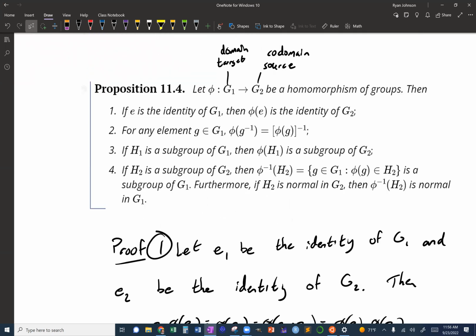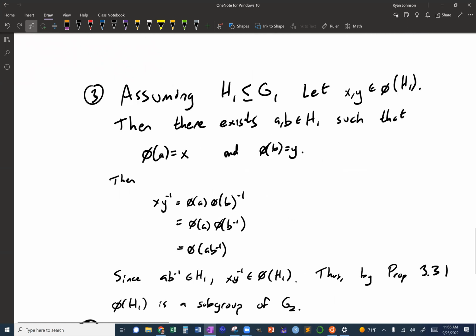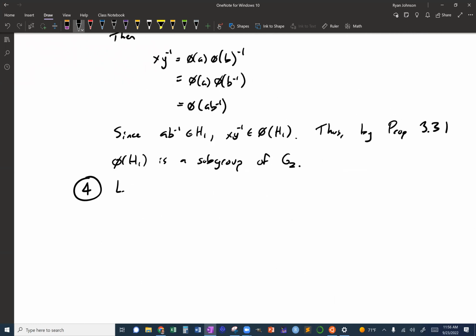Then if H2 is a subgroup of G2, then the inverse image of it is a subgroup of G1. And the normality holds. All right, so let H2 be a subgroup of G2.